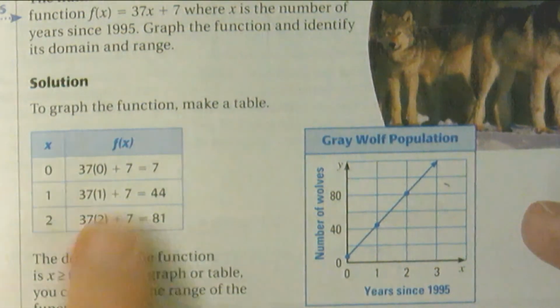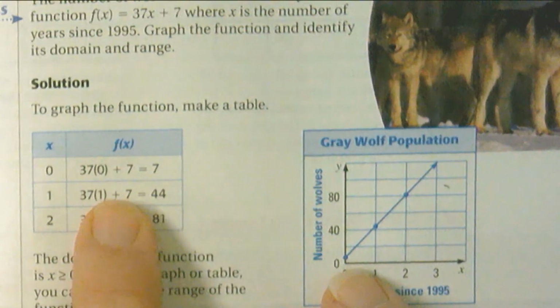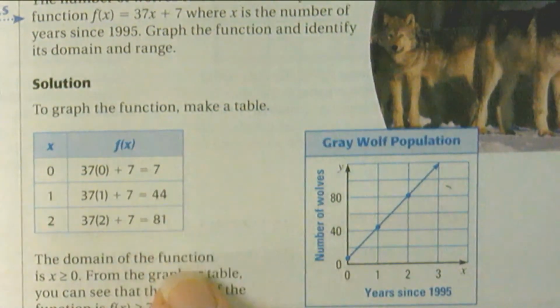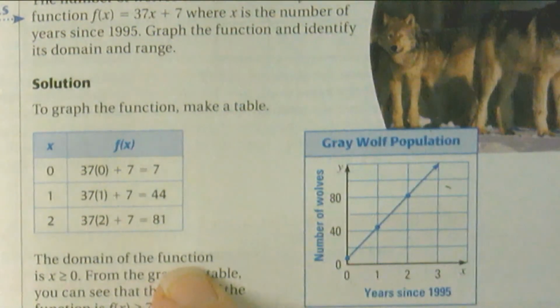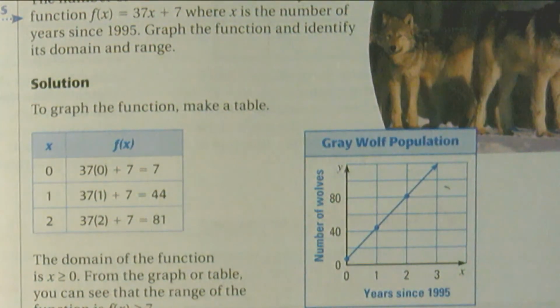Here, because I only had 0 as my limit, then my range is going to be anything 7 or higher. If I had that 2005 on there, I would have used 5 as one of my x's, and I would have found out what the f of x was after 5 years, and that would have been my maximum on my range. Does that make sense?